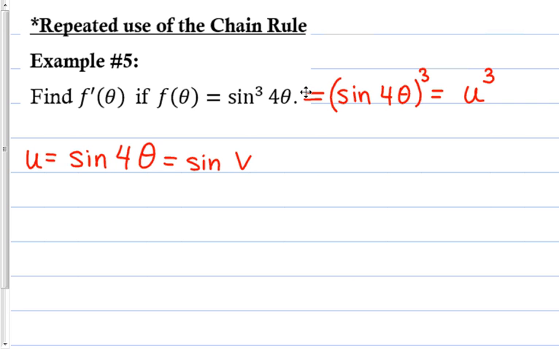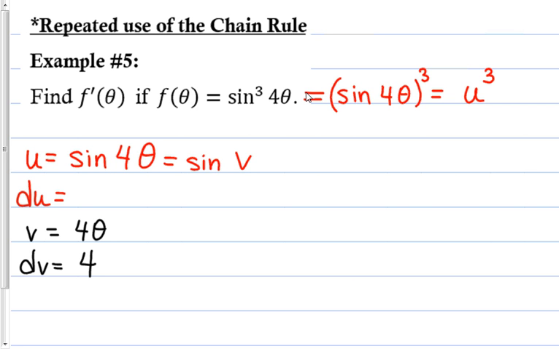Okay, so I do need du. But before I can do that, I need v and dv. So v is 4 theta, and dv is going to be 4. So now I go back to du. All right, so du is the derivative of sine v.